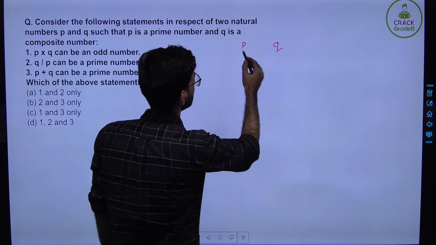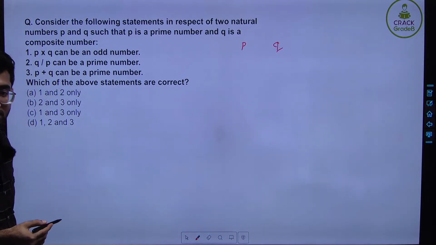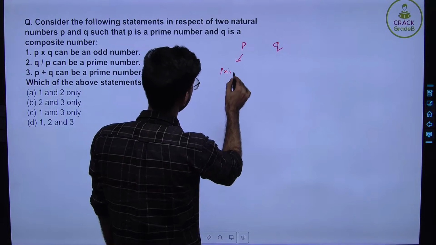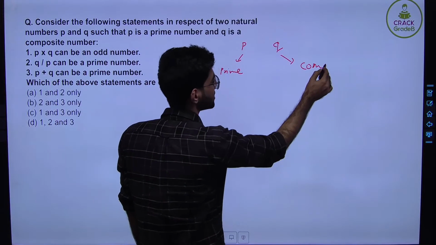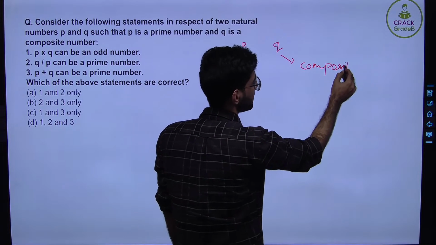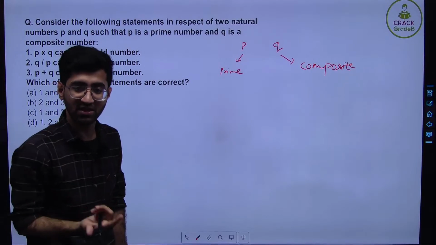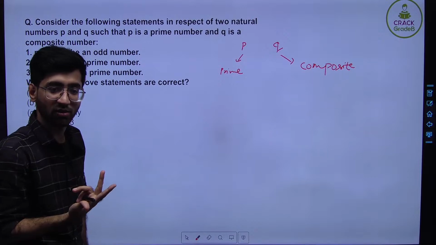Now if you read the question further, it has been given that P is a prime number and Q is a composite number. We also have learnt about composite numbers, right? Those numbers which have 3 or more than 3 factors are called composite numbers, and those numbers which have only 2 factors are called prime numbers.